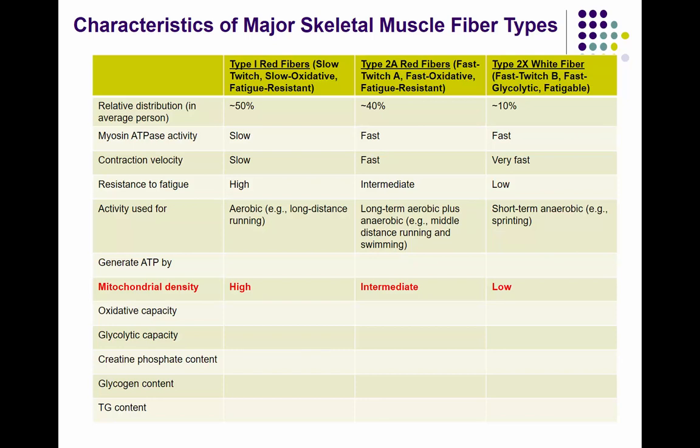Type 1 fibers, which are red fibers, type 2A, which are also red fibers, and type 2X, which are white fibers. Based on the color, you can see white and red, and what makes the color different?